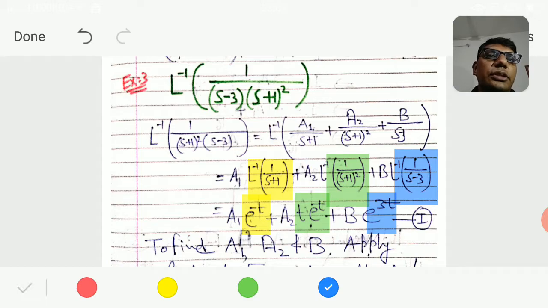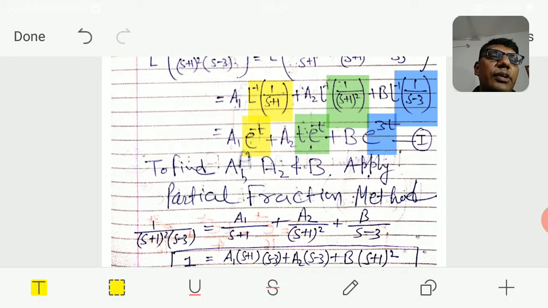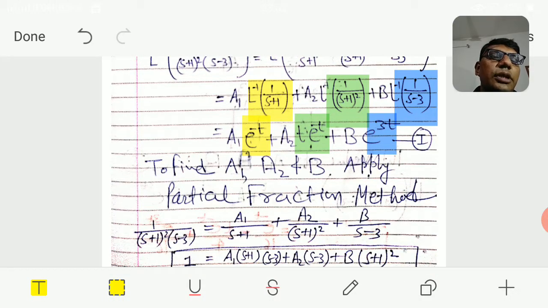Therefore, in the next step, we can find the values of a1, a2 and b by partial fraction method. So our answer is ready, but we want to find a1, a2 and b by partial fraction method.